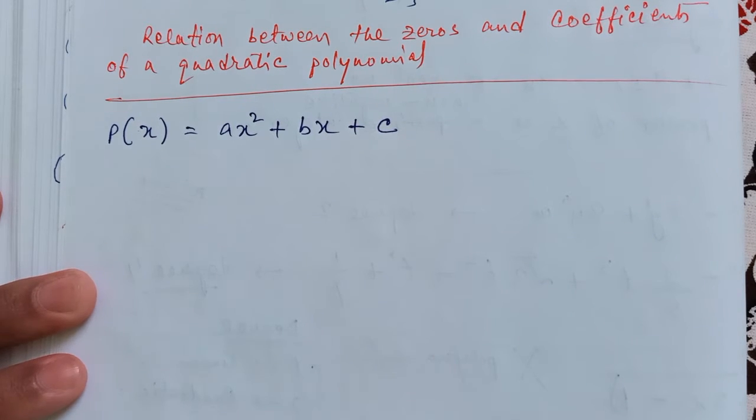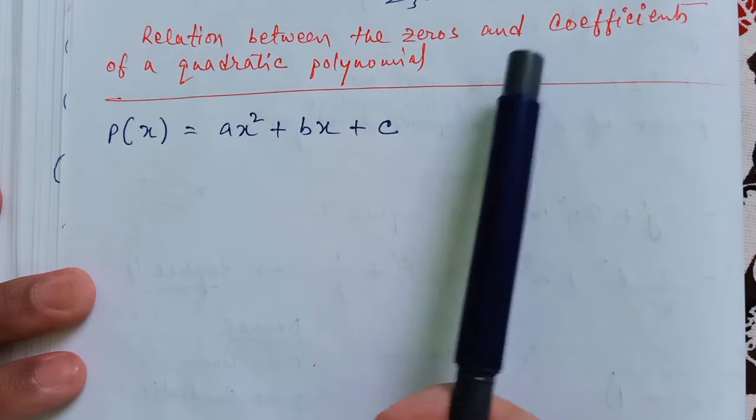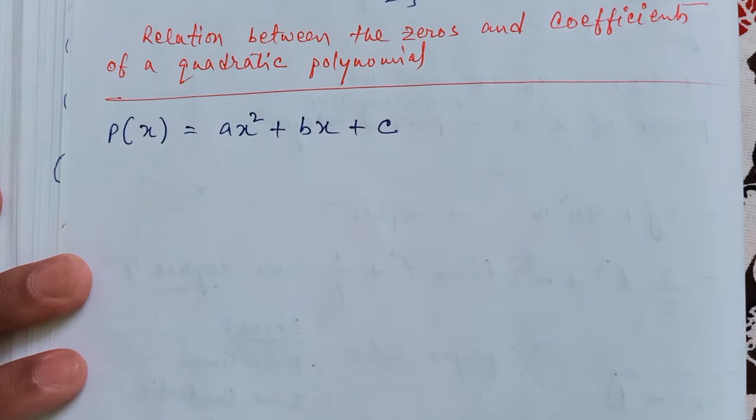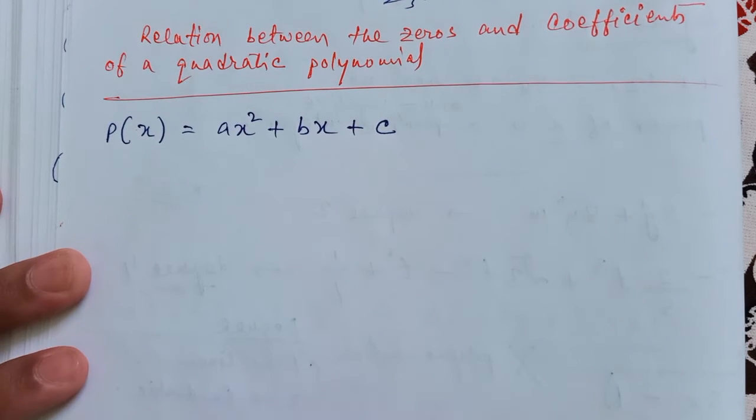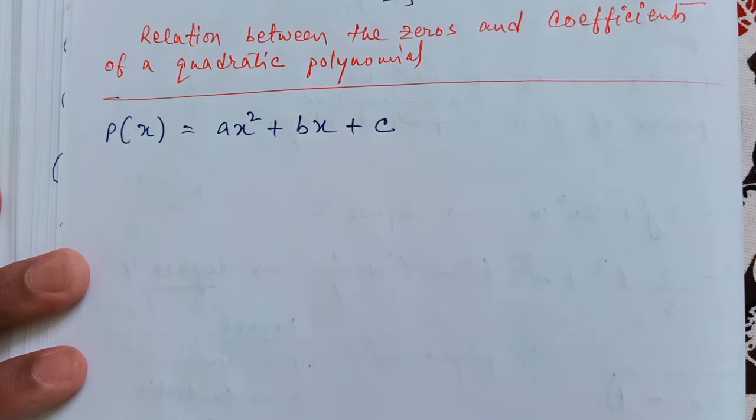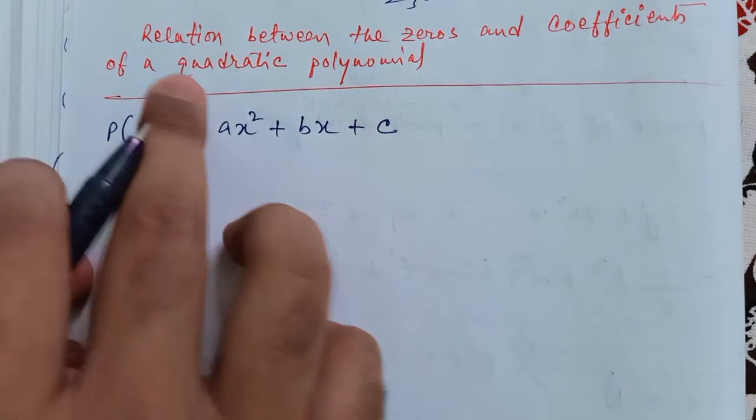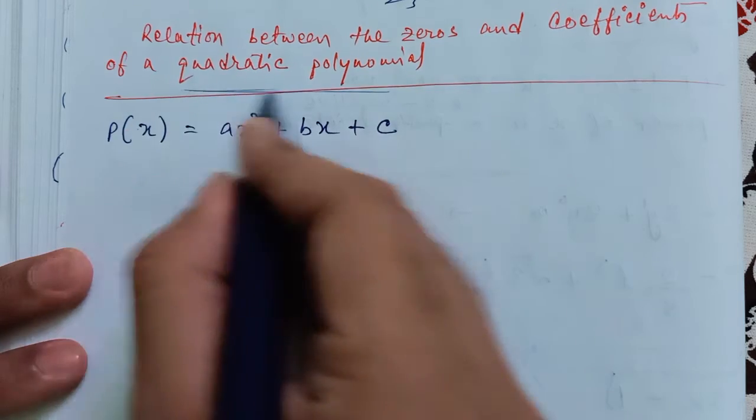Okay, now let's talk about the relation between the zeros and coefficients of a quadratic polynomial. In this chapter we will mainly be dealing with quadratic and cubic polynomials. So first let us see the quadratic polynomial.